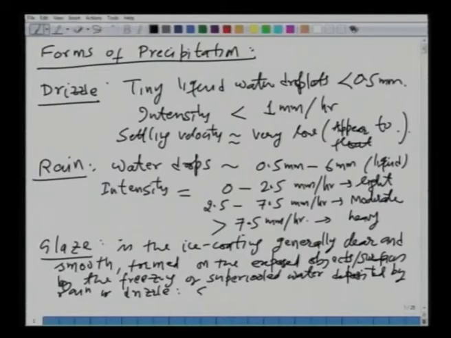So, you see that glaze is a phenomenon which actually occurs on the ground, not in the air. Okay. So, it is important to understand that. The specific gravity of that ice that forms is of the order of 0.8 to 0.9. Okay.